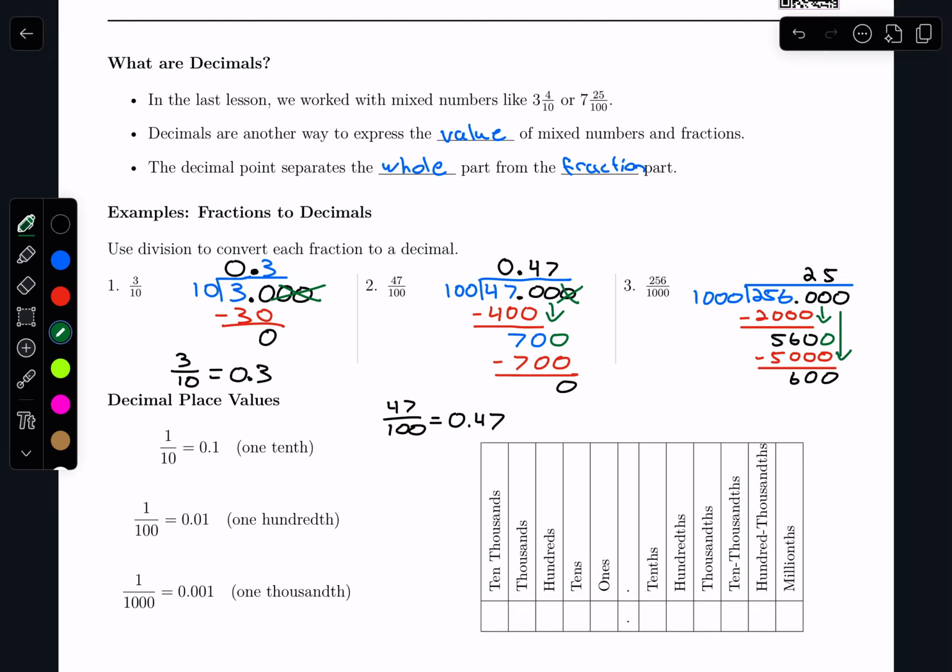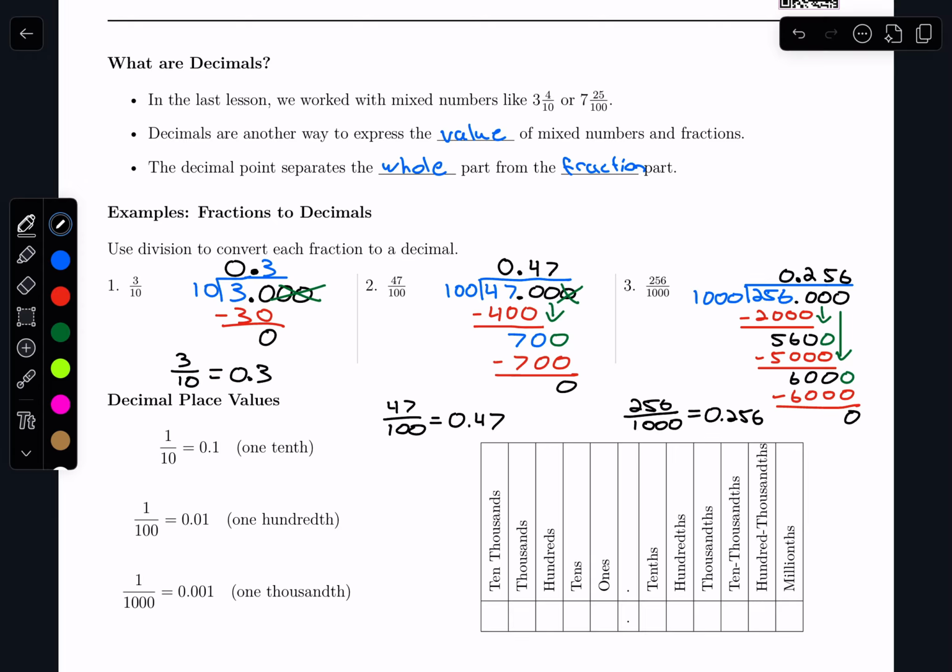So when I drop down this third 0, I now have 6,000. 1,000 goes into 6,000 6 times. So I put a 6 on top, subtract 6 times 1,000, which is 6,000 down below. And that just leaves me with 0, so I am now done. I can put my decimal place right above where it was in the dividend and put a 0 in front. And I can conclude that 256 divided by 1,000 is equal to 0.256.